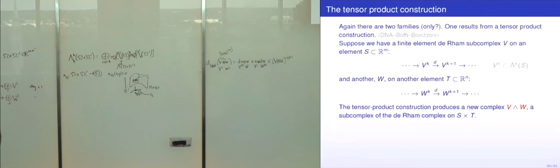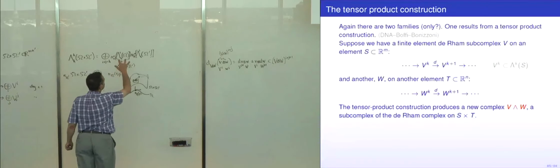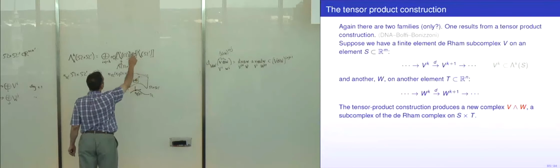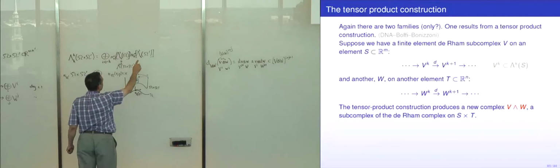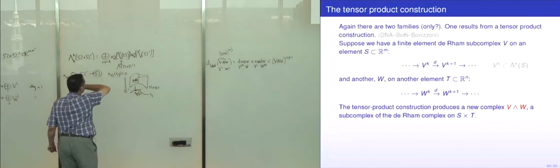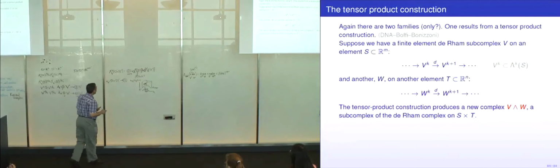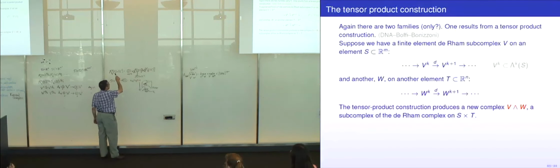Okay, so what this means is if I have some space of finite elements on one domain and some space of finite elements on the other domain, I can combine them in this way and get a space of finite element differential forms on the Cartesian product domain. And the d operator, by that construction over there, will just be the d operator in this domain because of Leibniz's rule.